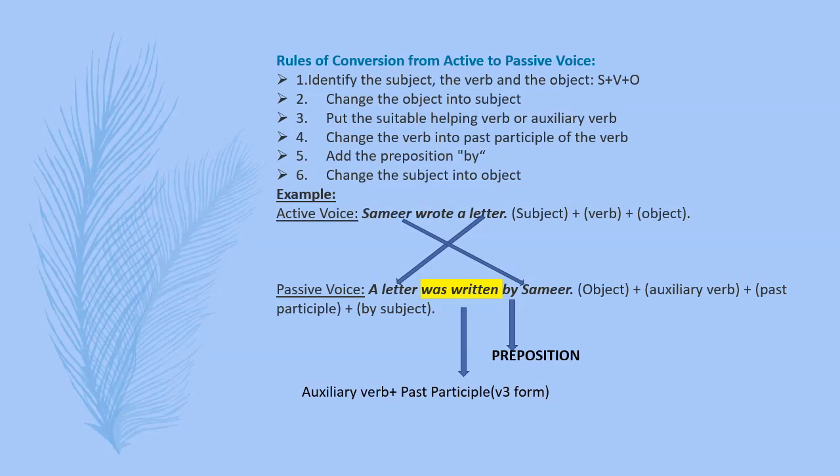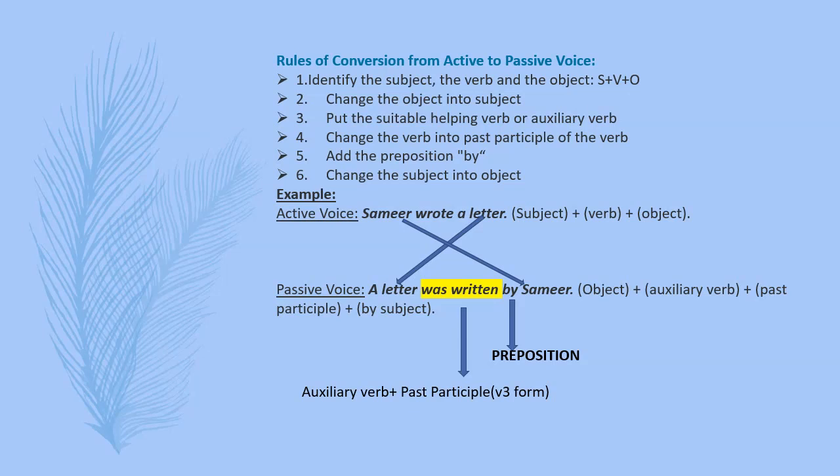You have to add the preposition by after that. So by is added. Change the subject into object, and then the subject is changed into object. That is, a letter takes the place of a subject.